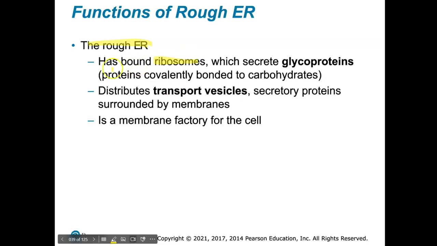Okay, so what I'm reading says the rough ER has bound ribosomes, which secrete glycoproteins, which are proteins bonded to carbohydrates. But it's not just that.